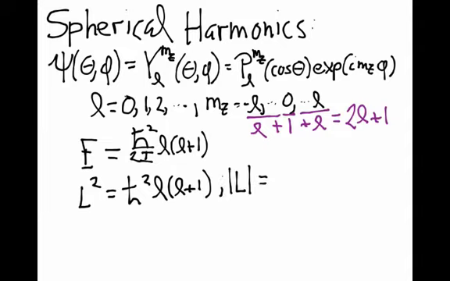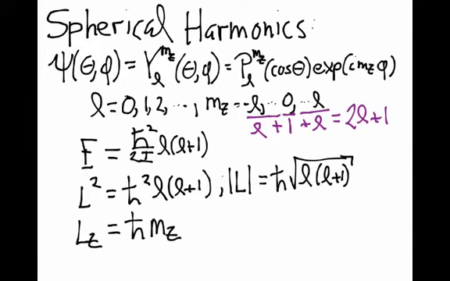The angular momentum itself, the absolute value, is equal to h bar, the raw units, times the square root of L times L plus 1. And the z component of that angular momentum, how much it's spinning around the z-axis, which means the rotation within the xy plane, if you will, is just h bar times this quantum number m sub z.